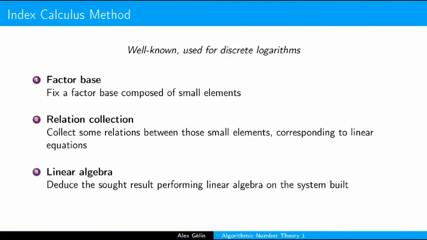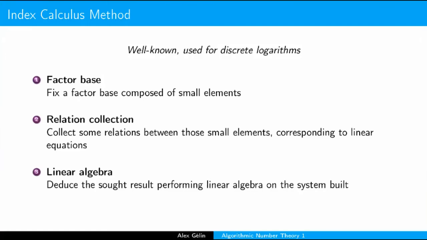It's composed of 3 parts. The first one, you have to fix a factor base. The factor base is just a set of small elements you are working with. So instead of working with a lot of elements, you just fix some of them and you take them small, of course. Second, between these small elements, you want to collect some relations. So you want information in order to solve the problem for these small elements.